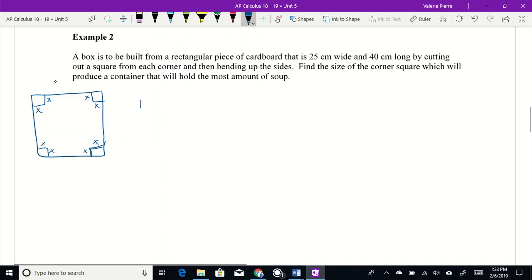And we want to create this type of rectangular box. We know that this cardboard is 40 centimeters long and 25 centimeters wide.